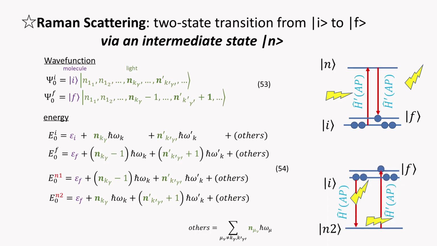But only considering the equation, it's possible to consider the second possibility. That is, in the first step from initial to N2, the photon number increases by 1. That is, emission occurs.